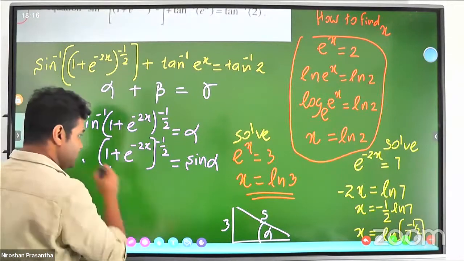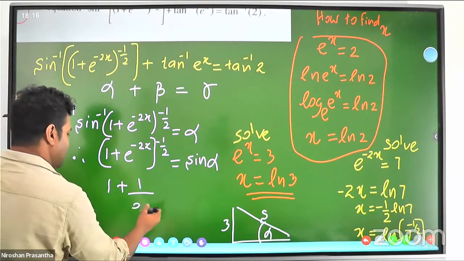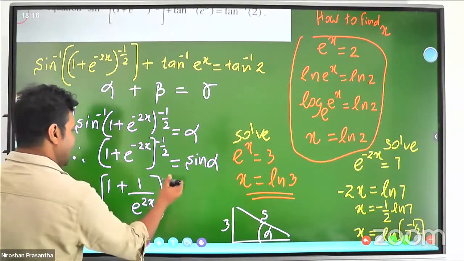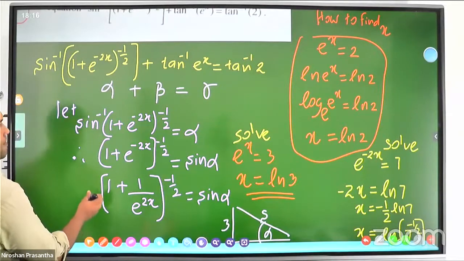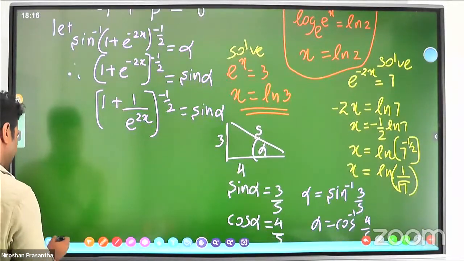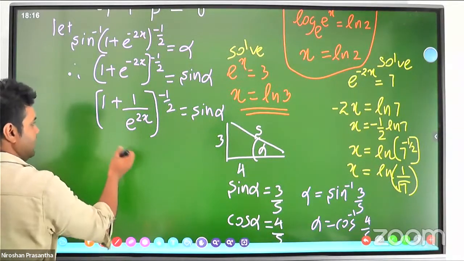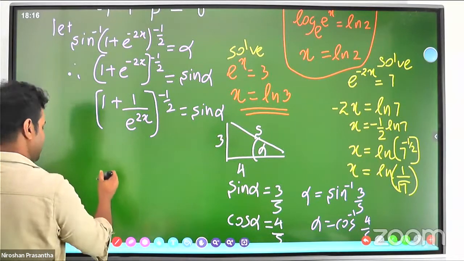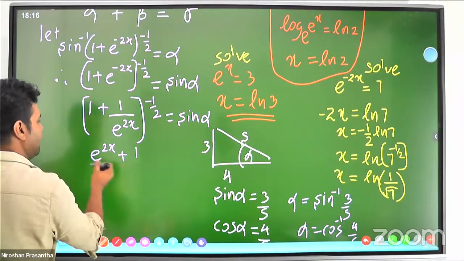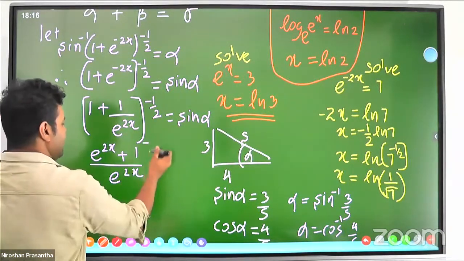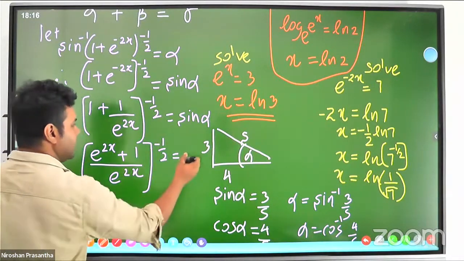Wait, I will just make a conversion. I am finding tan alpha, and I will get the reciprocal and simplify: (e to the power 2x plus 1 over e to the power 2x) to the power minus half equals sine alpha.